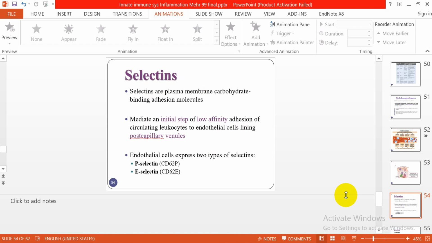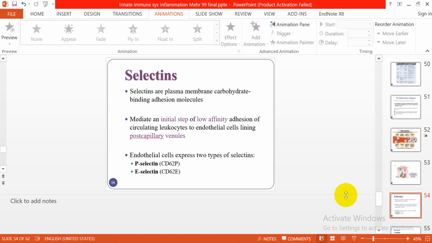Selectins are plasma membrane carbohydrate binding adhesion molecules. They are attached to carbohydrates, and they mediate the initial step of low affinity adhesion of circulating leukocytes to endothelial cells lining post-capillary venules.